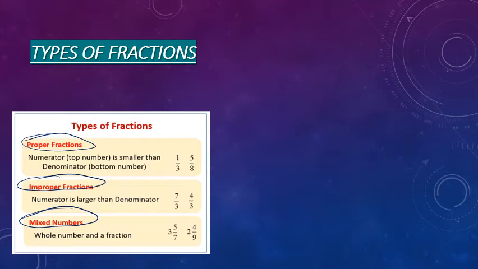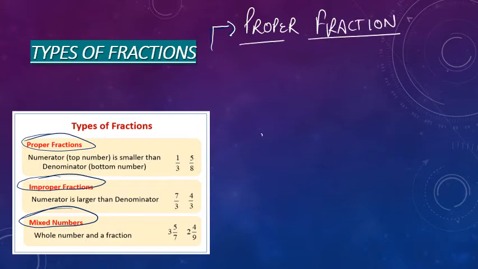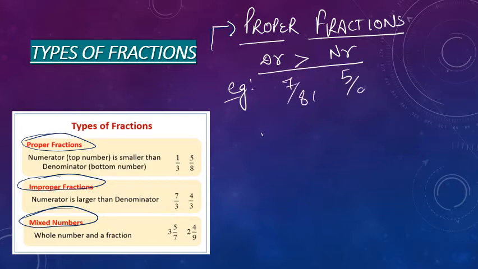As the name suggests, these are proper fractions, where the denominator is greater than the numerator. For example, we have 7 by 8, 5 by 9, 11 by 13. So these are all examples of proper fractions.